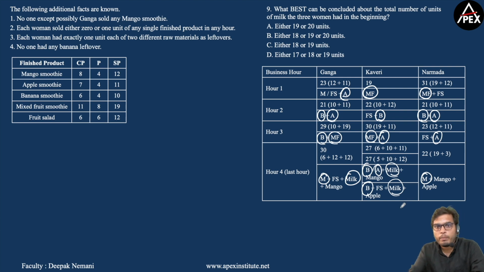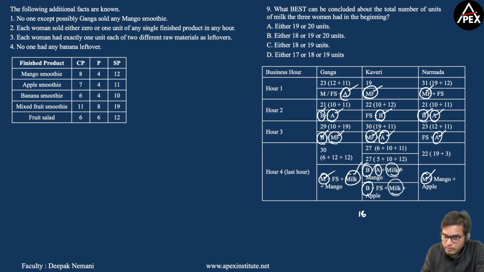Now what best can be concluded about the total number of units of milk the three women had in the beginning? Okay, so we have 1, 2, 3, 4, 5, 6, 7, 8, 9, 10, 11, 12, 13, 14, 15, 16. Now if I consider these two, that would be 18.